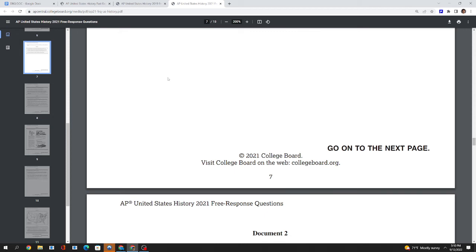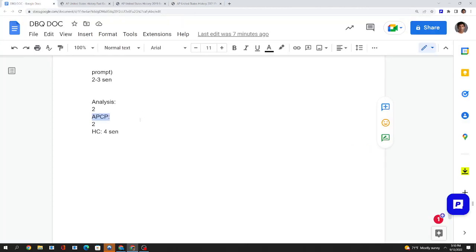That is the most important part of the APCP. You don't merely just say the purpose of the document is to do X. You say the purpose of the document is to do X and it achieves this through blank, blank, and blank, and then you talk about how each component of blank contributes to it. So I'm going to do an example.